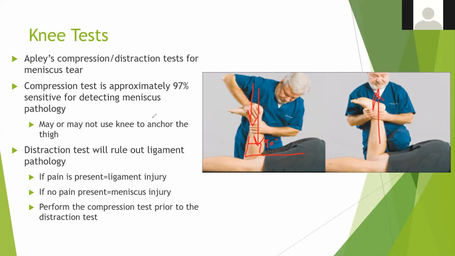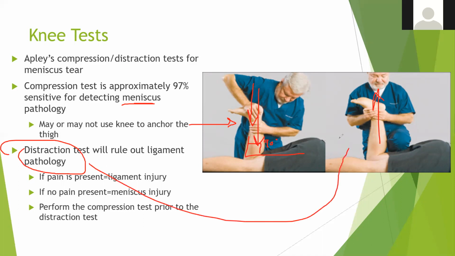If you have pain with this, especially with a compressive one, this will test if you have a meniscus tear. If you do this distraction test, which is this one, and you pull up, that will say you have some sort of ligament injury if you get pain.